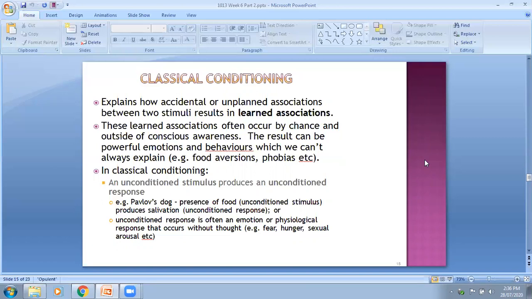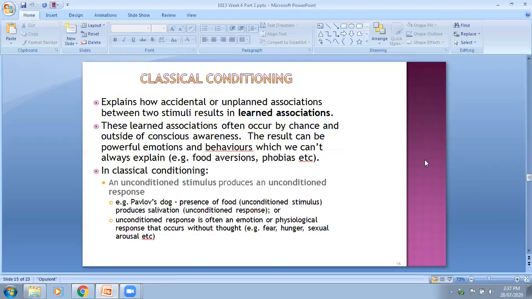Now, the result is that food aversions and phobias that people have got can quite often be explained by them being classically conditioned by something else that happened. To give you an example, I caught a tummy bug as a kid, and the night before we'd had sausages for dinner. I couldn't eat sausages for years, but it probably wasn't the sausages that caused me to be sick. I probably just had a tummy bug.